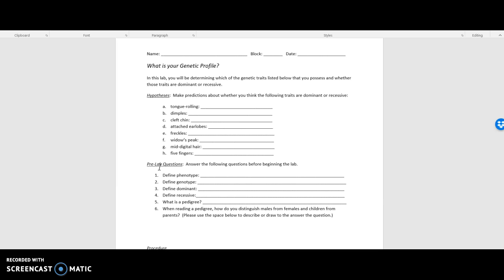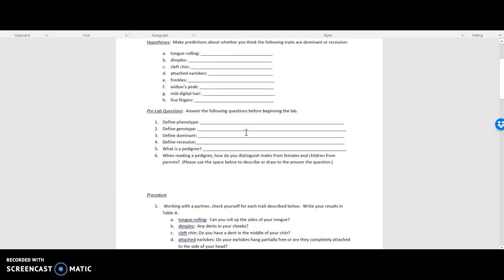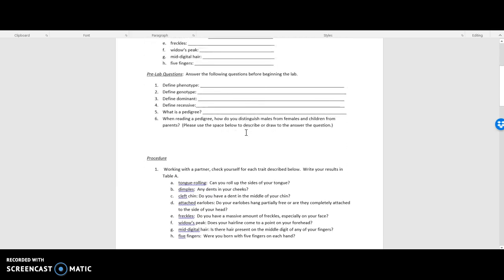Do you think that rolling your tongue would be a dominant or a recessive trait? Write in those guesses here. Next up, you are going to answer these pre-lab questions. Feel free to use your resources to do so. Remember, you have definitions of all of these things in your notebooks.